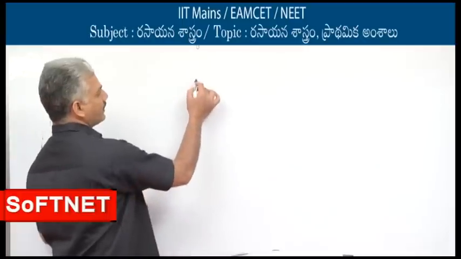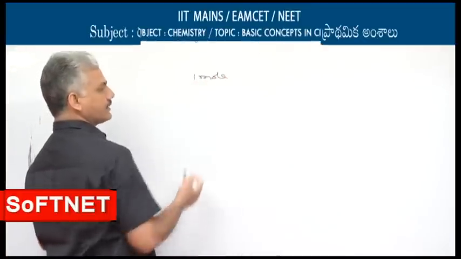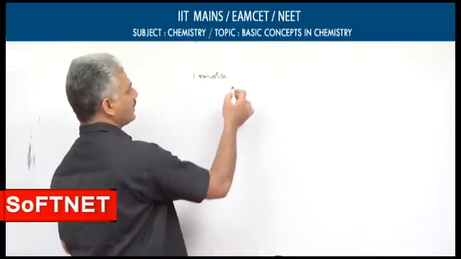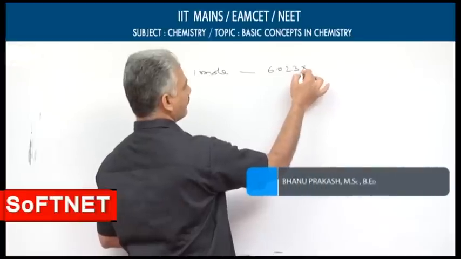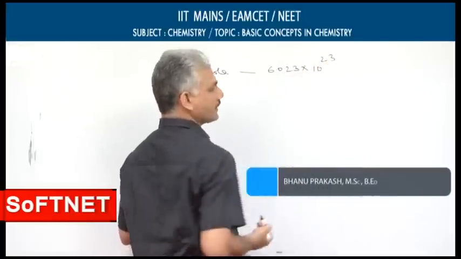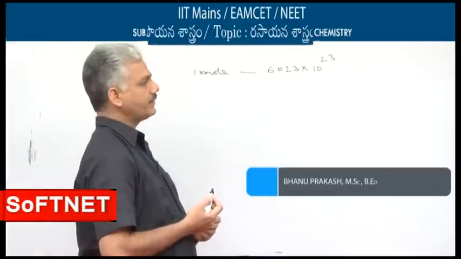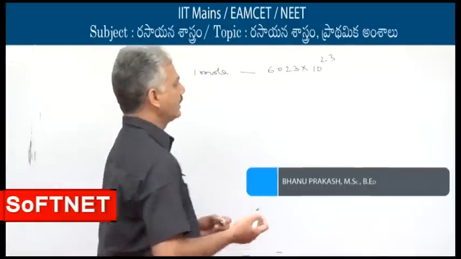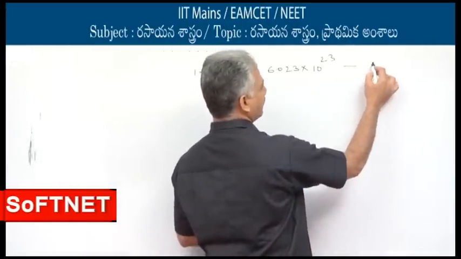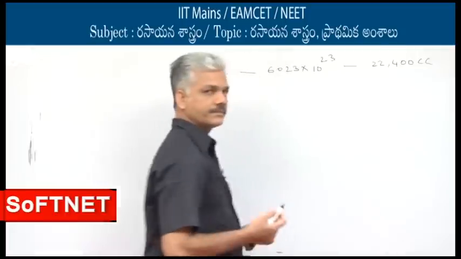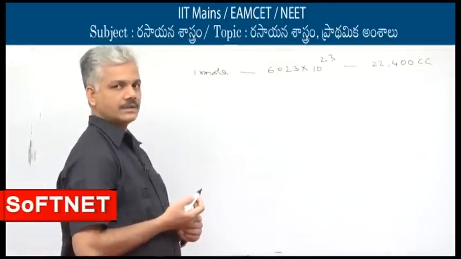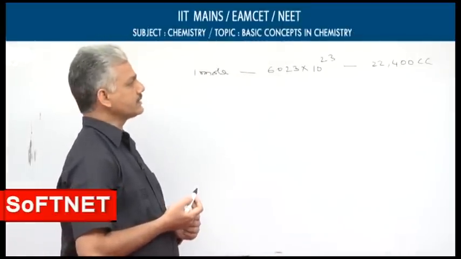If you take 1 mole of any gas under STP conditions, it will consist of Avogadro number of molecules, that is 6.023 into 10 power 23, and it will occupy a volume of 22,400 cc, or in terms of liters, 22.4 liters.